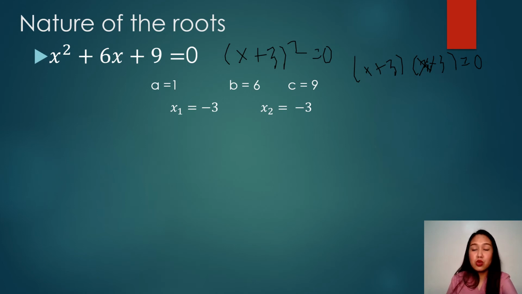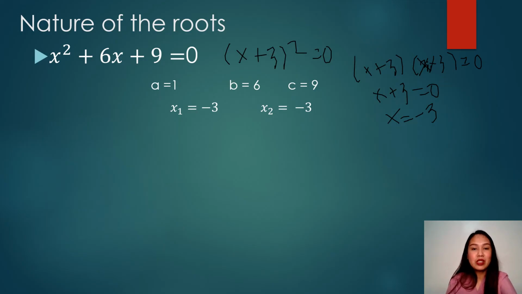So equate these two factors to 0. We'll get x plus 3 equal to 0, therefore your x value is negative 3. Ayun siya.